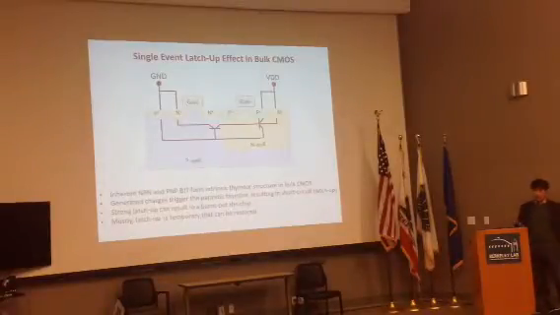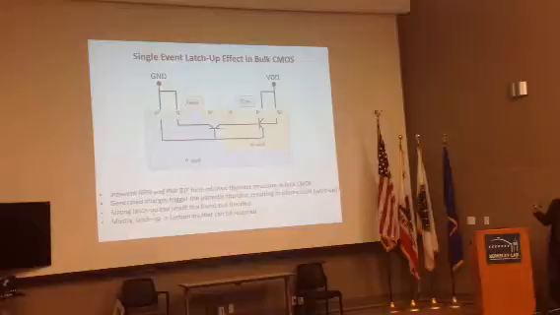When we create functionality by using transistors, we often use complementary types of transistors. One is the N-type transistor, and the other is the P-type transistor. And this is a very basic element called the inverter.